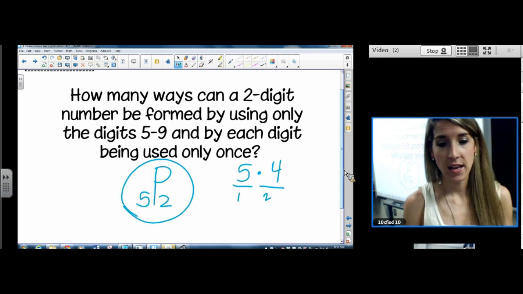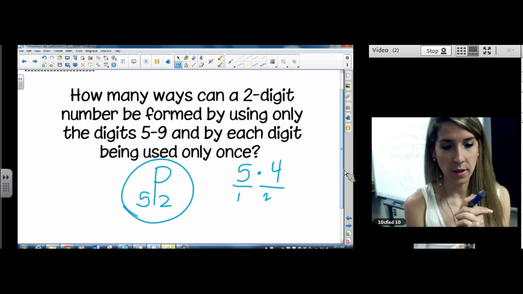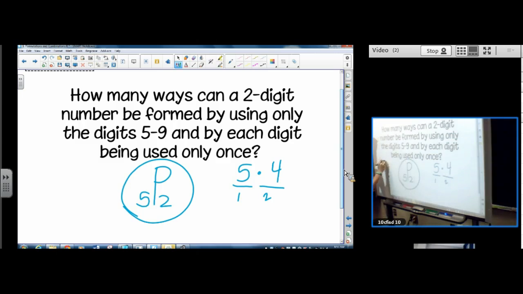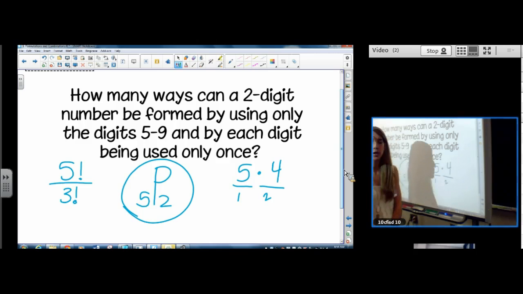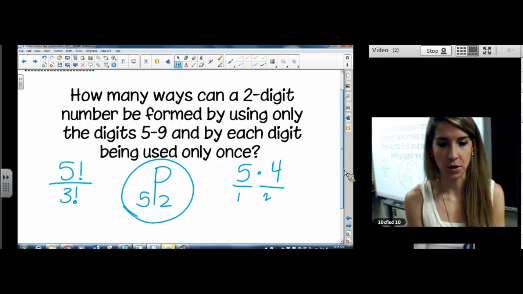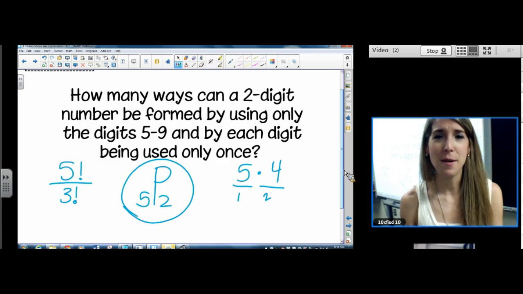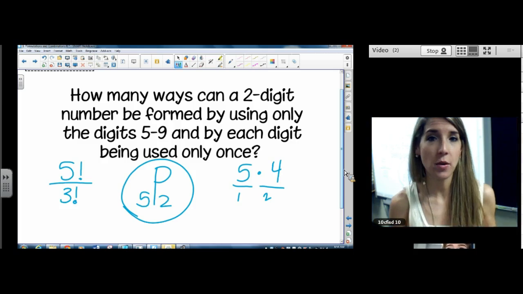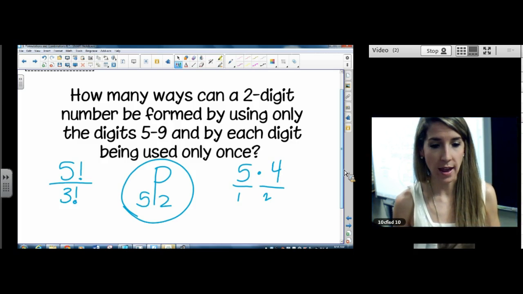So there is the setup, that's the formula, and if we wanted to do the formula by hand, we would do 5 factorial over 5 minus 2 factorial. So 3 different ways. Do you have to do it all 3 ways every time? Absolutely not. I'm just showing you all the ways so that you can choose which one you like.